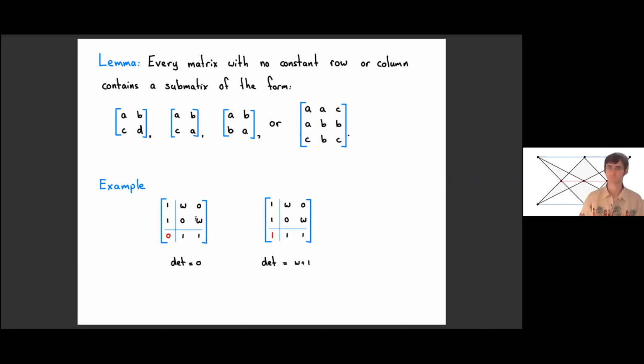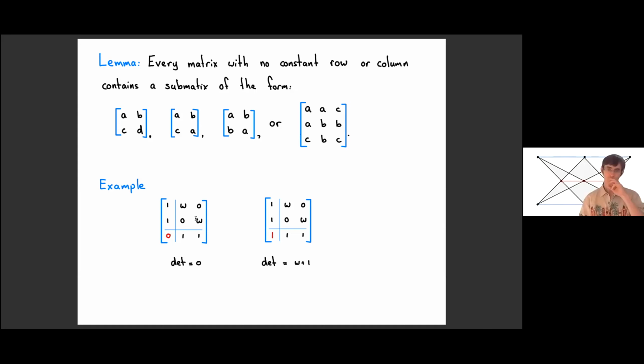That doesn't work. Now, if you try all of the other cases, and there's quite a few other cases, you get that there is no submatrix with no constant row or column. Every submatrix has to have a constant row or column. Now, when I say there's a lot of cases, there's some symmetries here I'm not telling you about.